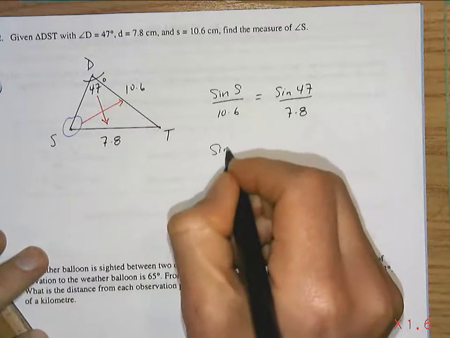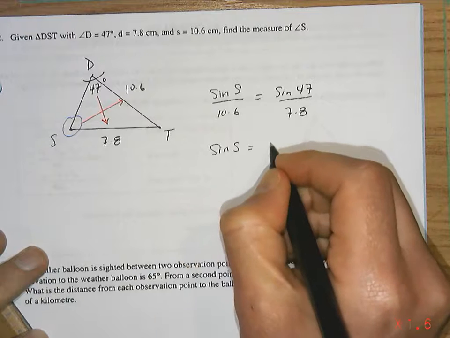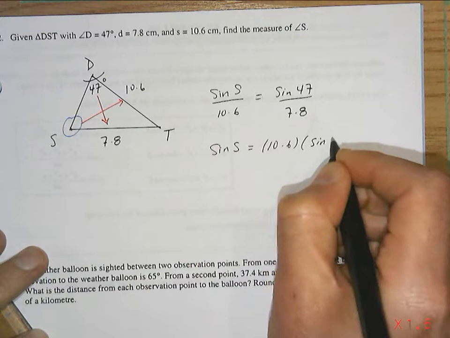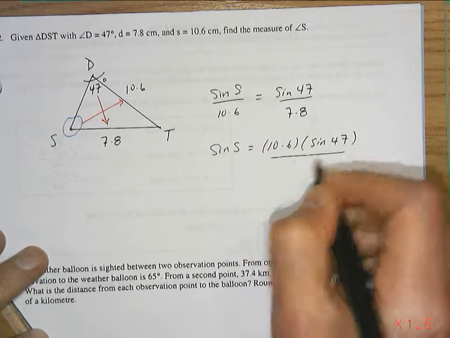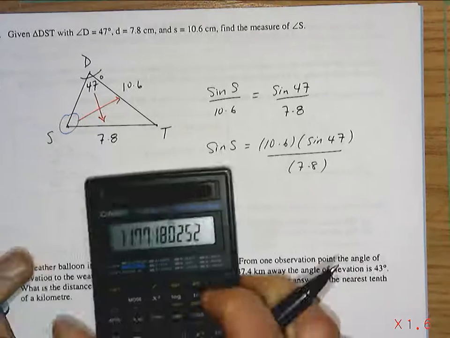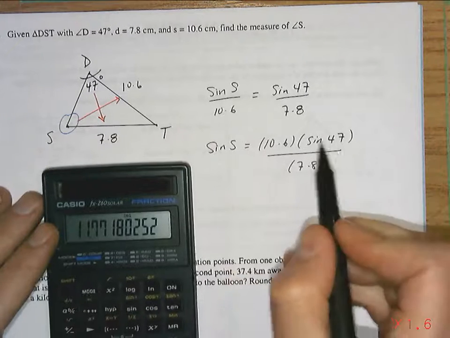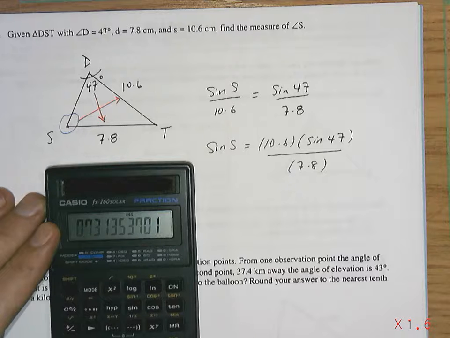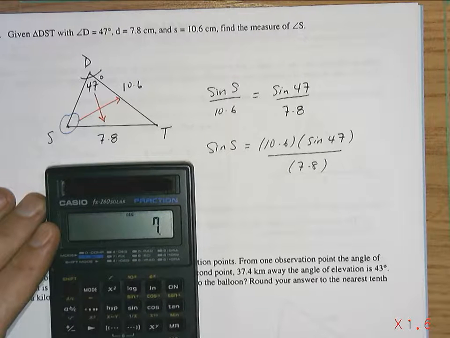So sine of angle S is going to be equal to 10.6 times sine of 47, all divided by 7.8. Doing some work, I'm going to come up with 47 sine times 10.6 equals, divided by 7.8 equals.